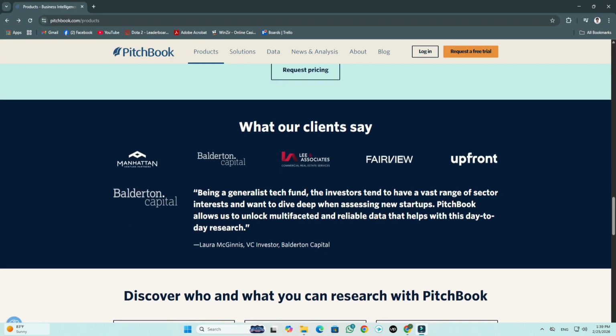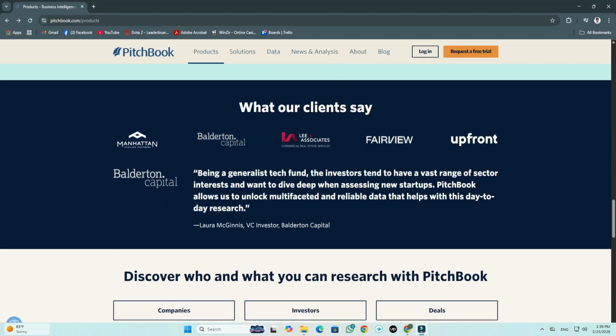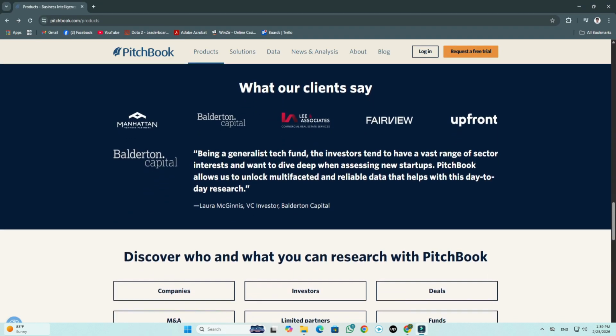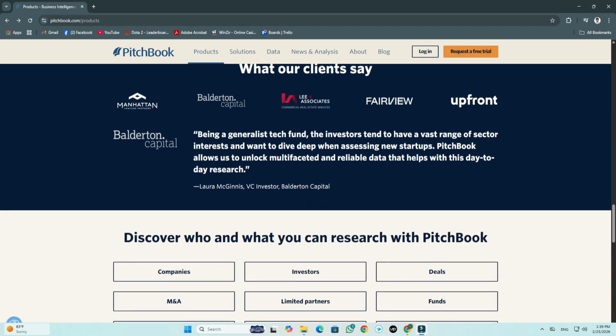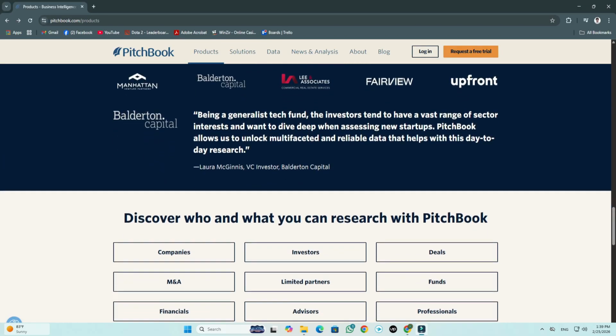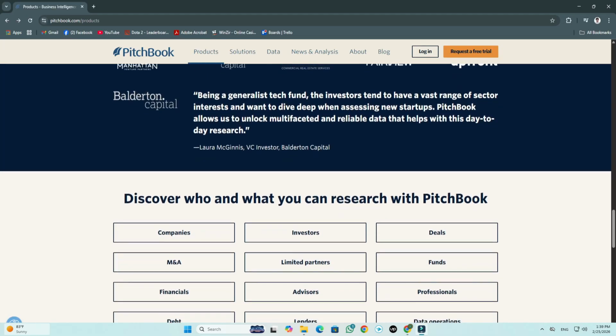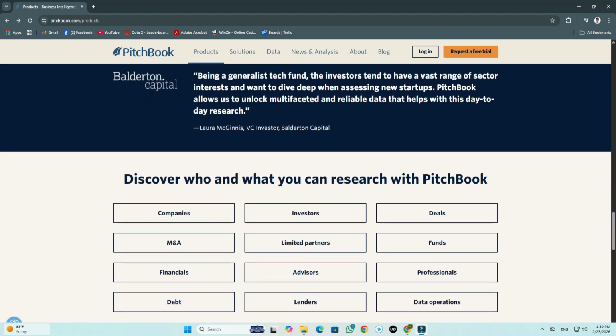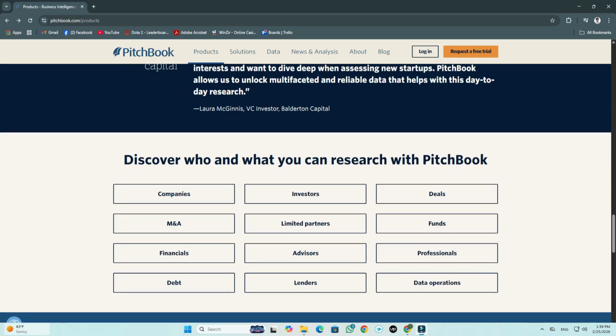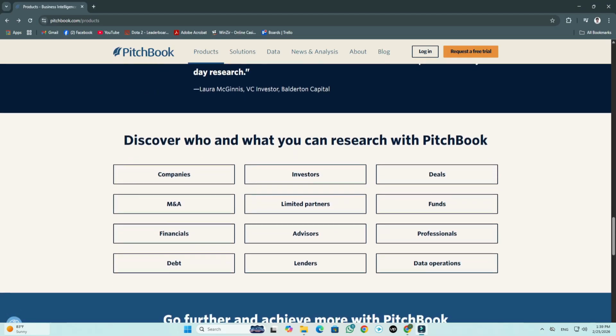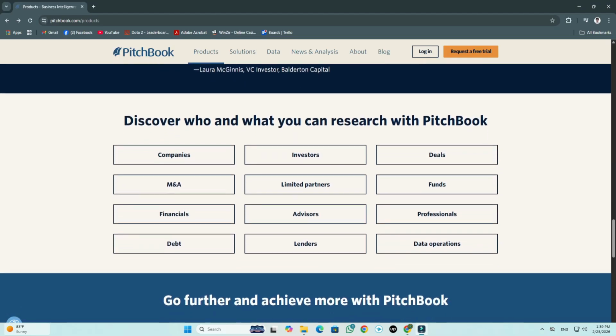So whether you're working on sourcing new deals, tracking investor activity, preparing pitch decks, or performing diligence, PitchBook gives you the tools to move faster without sacrificing accuracy. It's not just about information, it's about actionable intelligence.